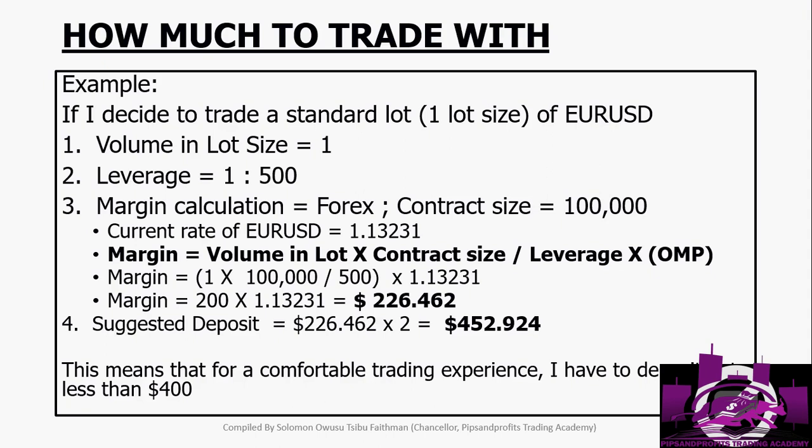My margin is going to be volume in lot times contract size over leverage times my open market price. I added the open market price straightforward, so that I'm not going to do the calculation before I add it, because Euro USD has a direct rate. When I do the calculation, my margin is going to be 226.462.